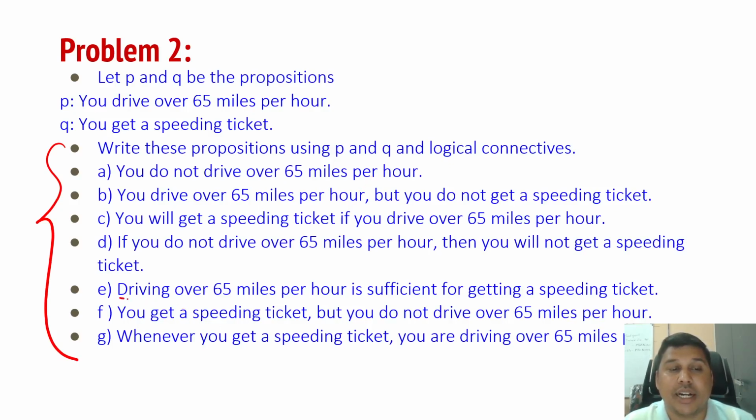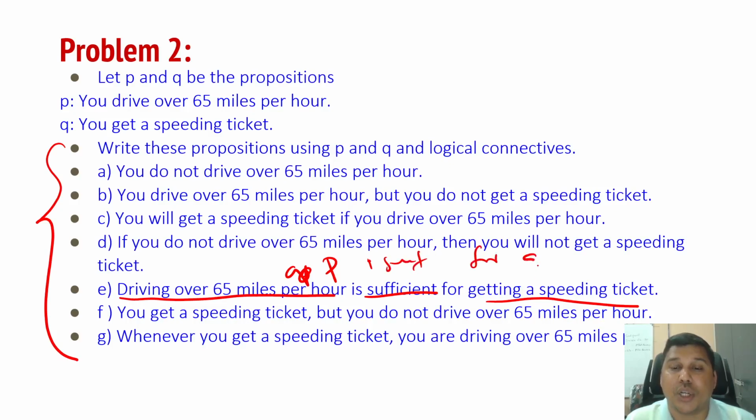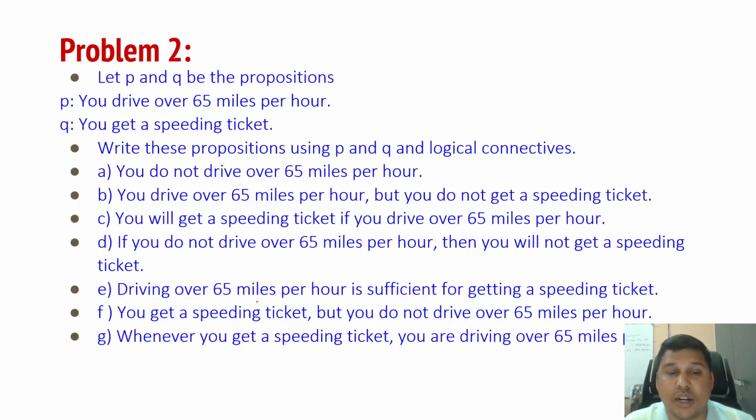See, driving over 65 miles per hour is sufficient for getting a speeding ticket. It is nothing but P is sufficient for Q. Here the word sufficient is used, so we write P implies Q. For this one, it is Q sufficient for P, so it is Q implies P. Why?